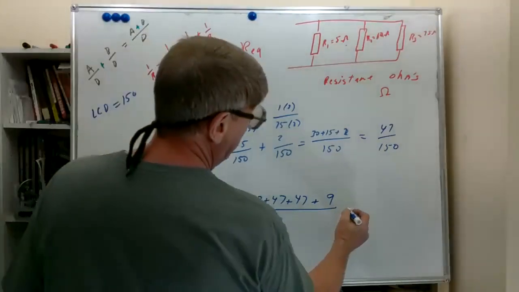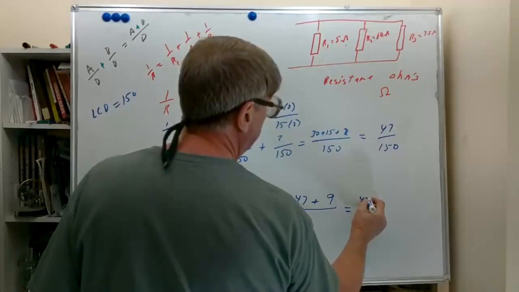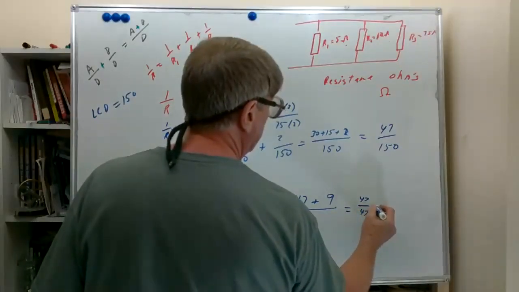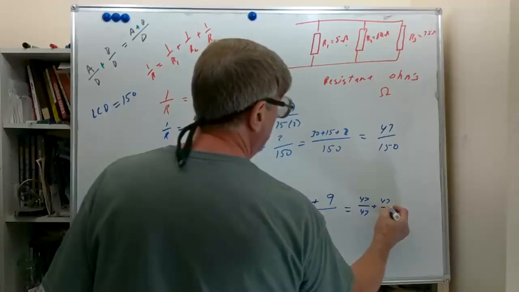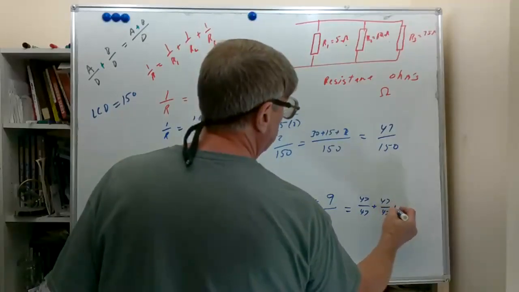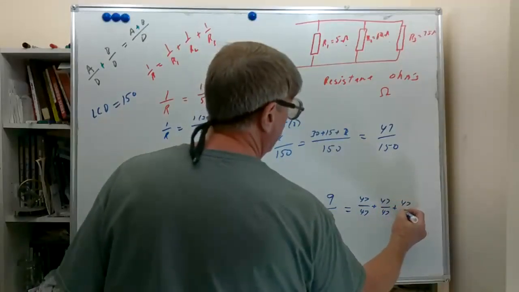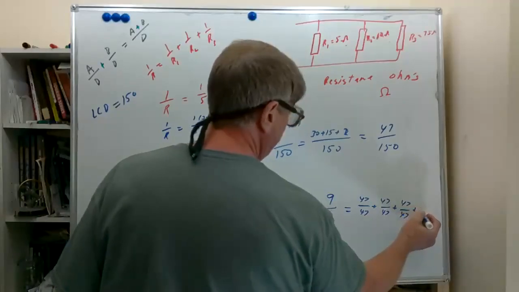And we can rewrite that again as 47 over 47 plus 47 over 47 plus 47 over 47 plus 9 over 47.